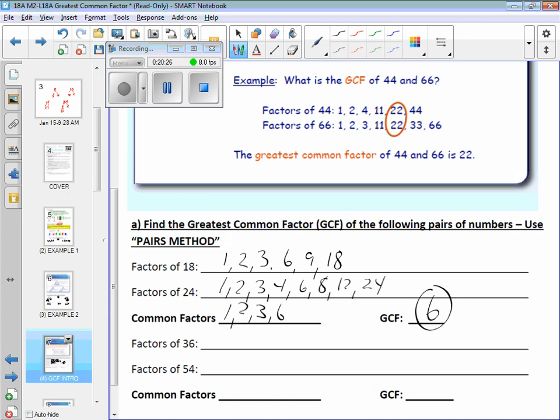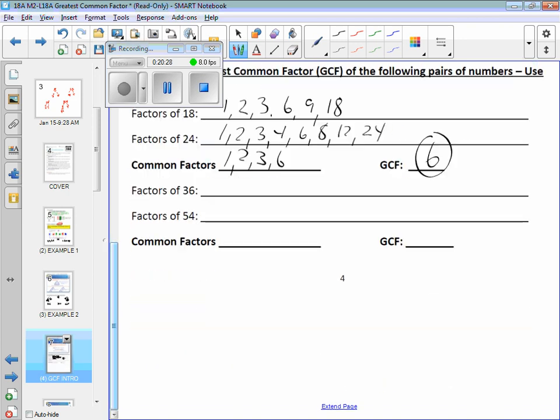Let's do 36 and 54. New numbers, guys, now, so we don't know how much space we're going to need. Let's start wide. 1 and 36. Will 2 work? Yes. Divisibility rules, yes. 2 times what? If you can't do it in your head, just do division off to the side. 2 times 18. We'll get to it. Will 3 work?